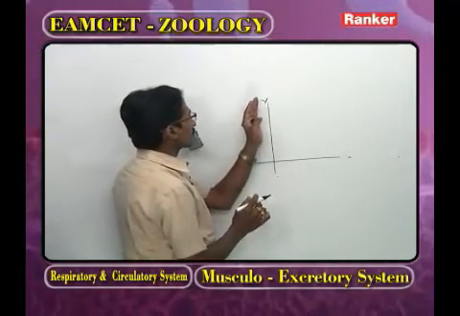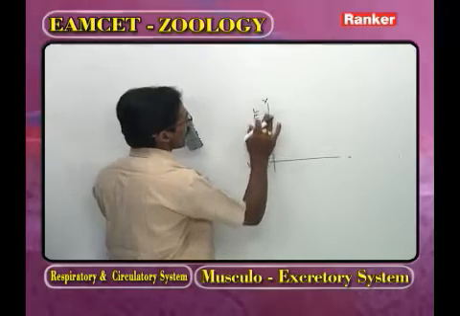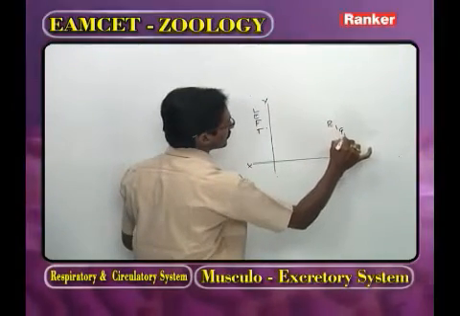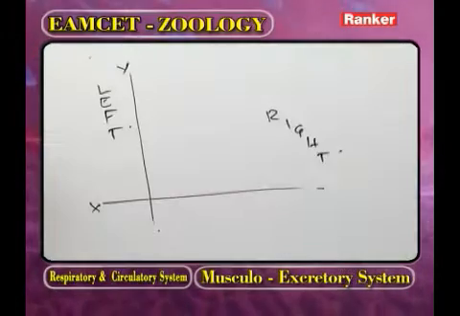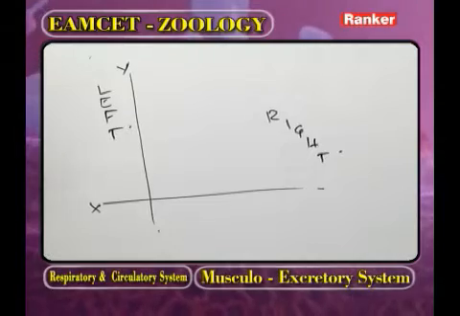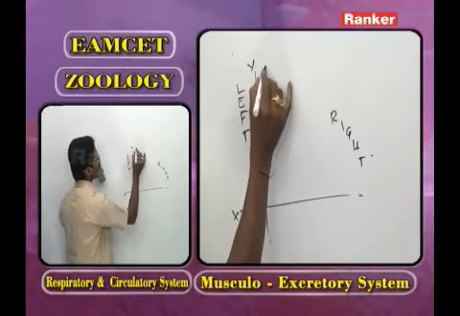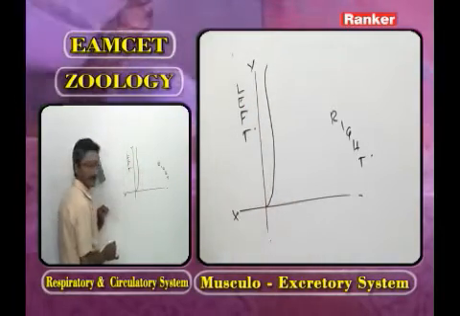This is the left side of the graph and this is the right side of the graph. In order to explain the relation between oxygen and hemoglobin, we go to the oxyhemoglobin dissociation curve. Now this is the sigmoid curve.